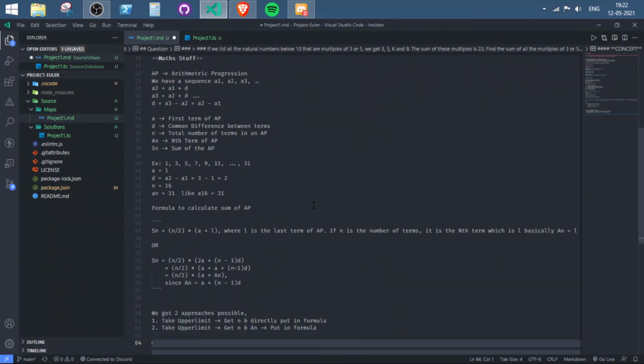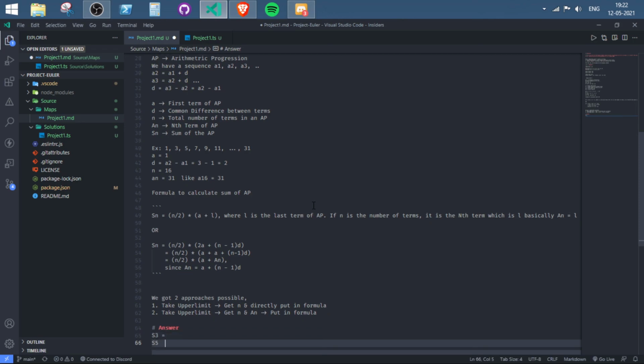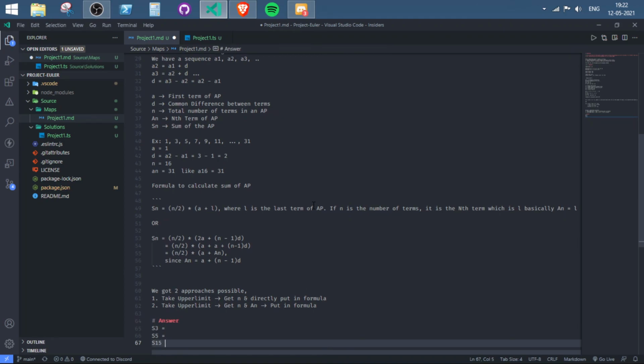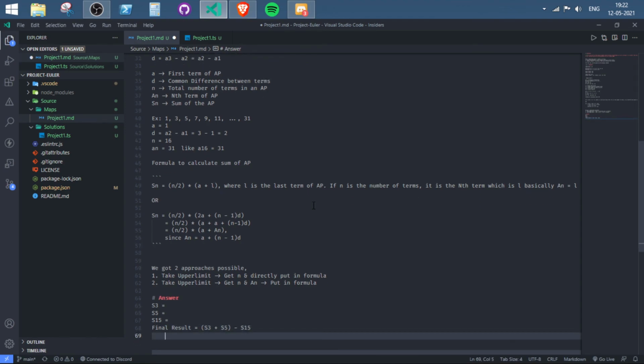So answer, like SN or like S3 we got something, S5 we got something, S15 we got something, and final result S3 plus S5 minus S15 is something. Maybe just that.